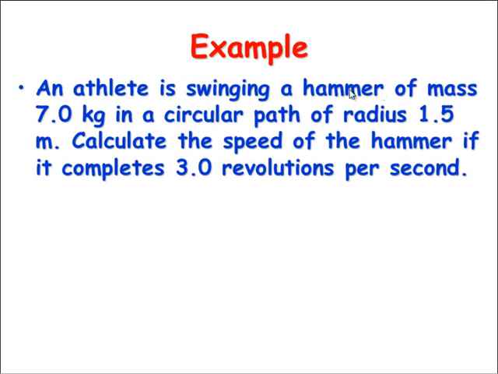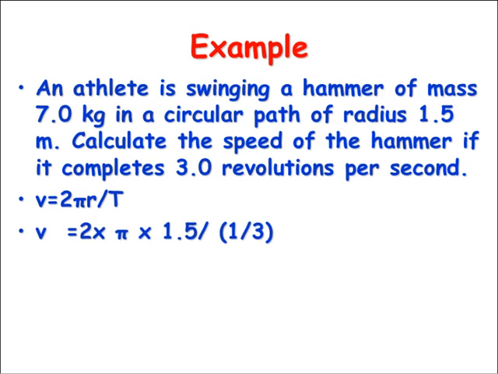So let's have a look at an example. We have an athlete with a hammer doing the hammer throw. It's 7 kilograms, has a radius of 1.5 meters, and completes 3 revolutions per second. So we want to know the velocity, or the speed, that it's moving around. V equals 2 pi r on T. So we've got 2 times pi times the 1.5, the radius, then we're dividing it by 1 on 3.